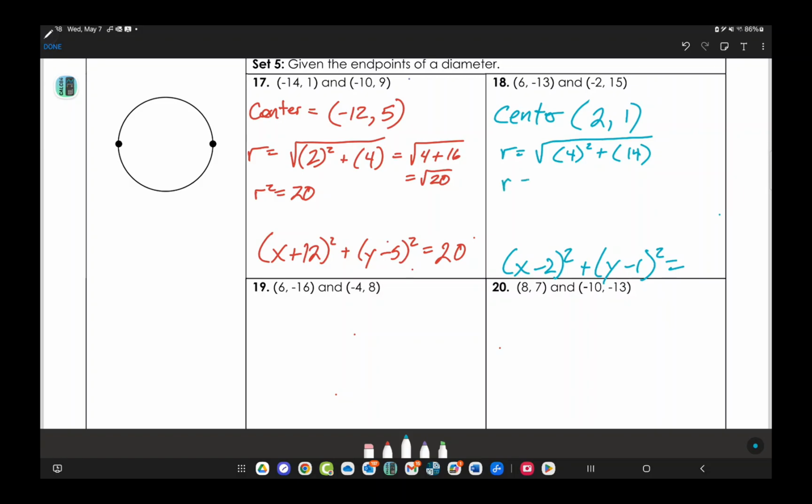That gives you r is equal to the square root of 16 plus 196, square root of 212, which means r squared equals 212. So go ahead and try 19 and 20.